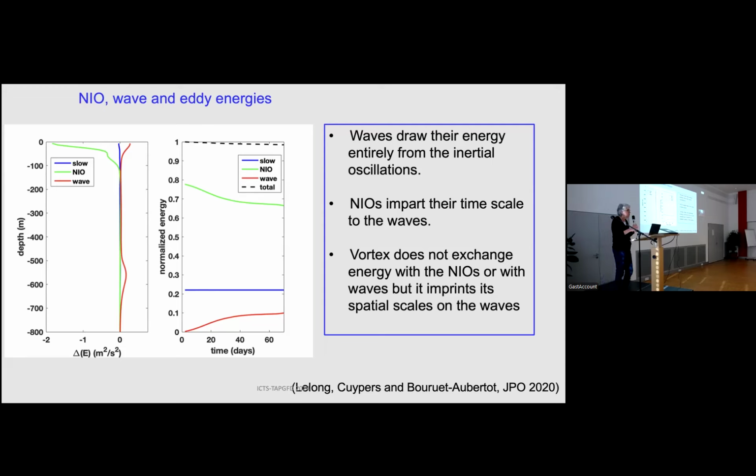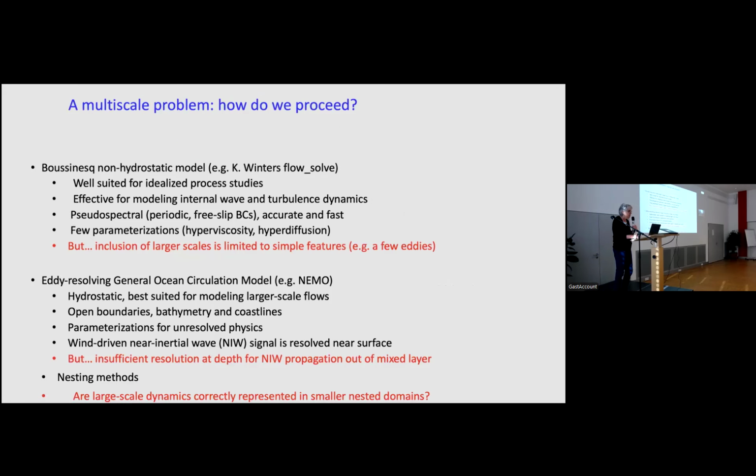So this was the motivation for what I'm going to present next, which is, well, one of the things that we saw also is that this is an inherently multi-scale process. And so we've been doing Boussinesq non-hydrostatic simulations, which are well suited to study, say, a simple eddy, one eddy. It's also just perfect for modeling internal waves and turbulence, but it's often pseudospectral, at least ours is completely pseudospectral.